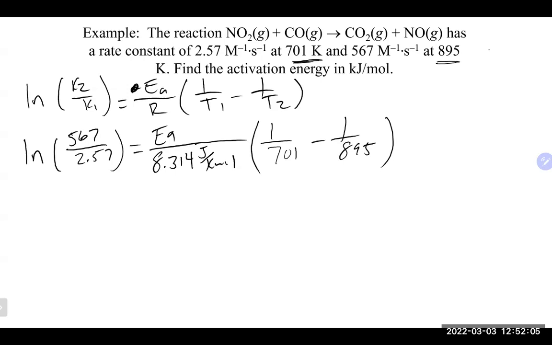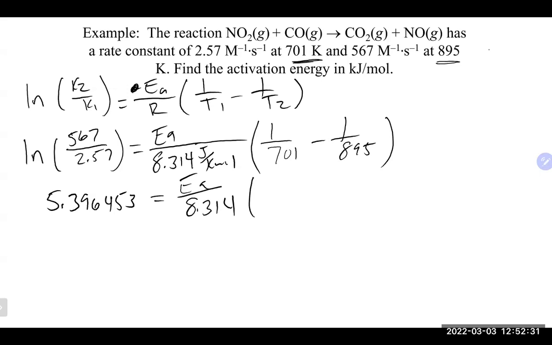So I can clean up the left-hand side. Again, a very common mistake people make is you need to divide first and then take the natural log of it. If you do that, you get about 5.39645 if I don't do anything with it, equals Ea over 8.314. And I'm going to also clean up what's in the parentheses on the right-hand side.